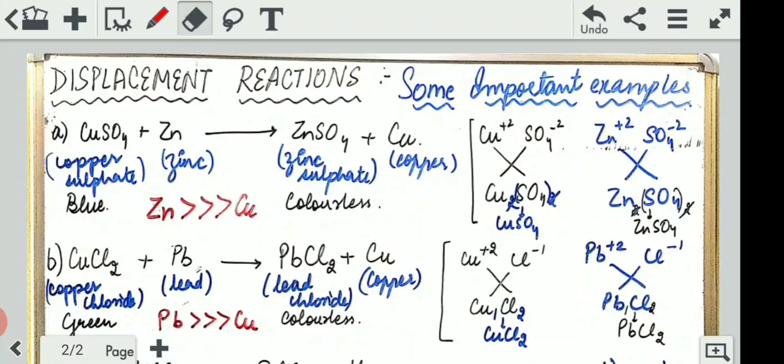When copper sulfate reacted with zinc, zinc was more reactive than copper. As zinc was more reactive and more powerful than copper, it displaced copper and formed a compound with sulfate. Thus we got a new compound, zinc sulfate, and copper was left alone.